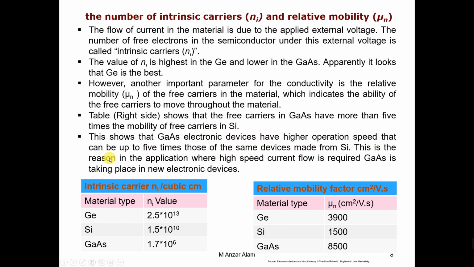This is the reason that in applications where high-speed current flow is required, gallium arsenide is taking place in the development of new electronic devices. Nowadays, devices are being made from gallium arsenide, but they are expensive due to the processing.